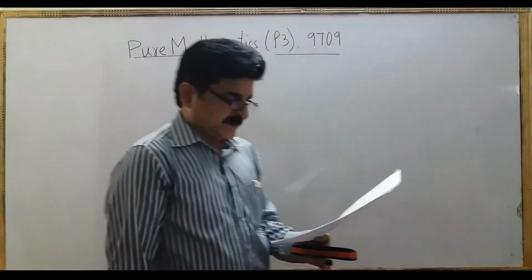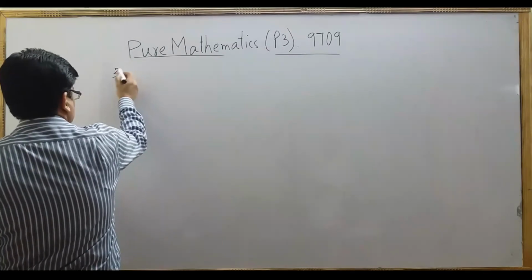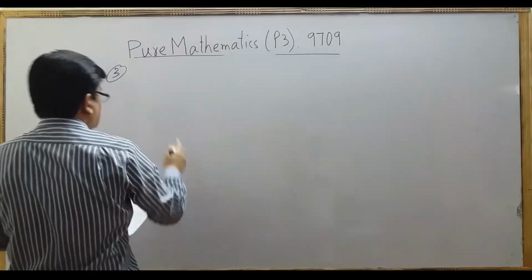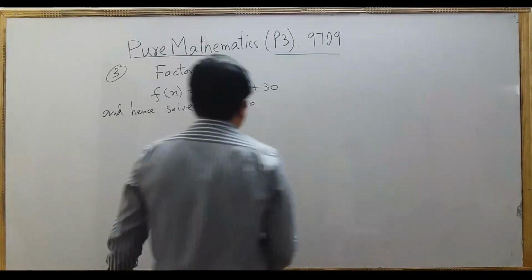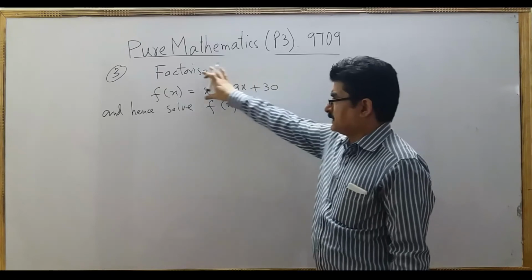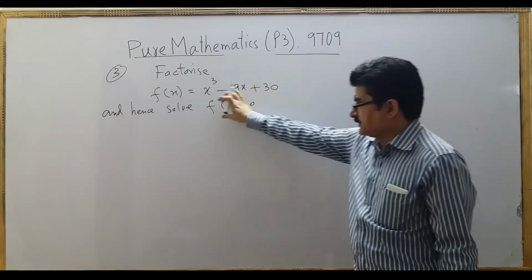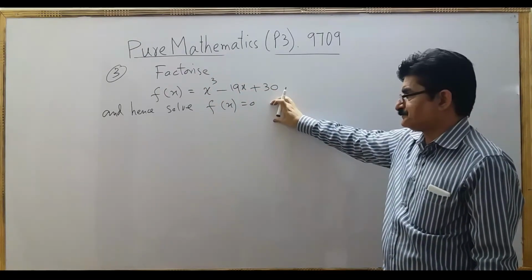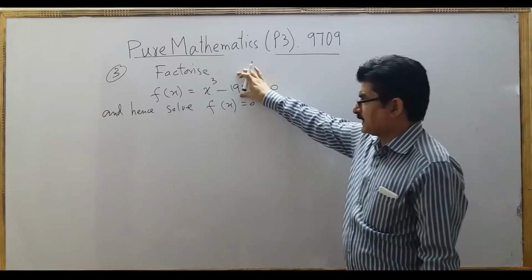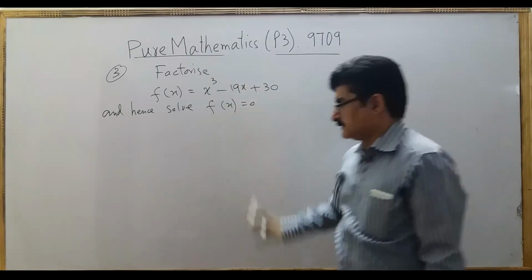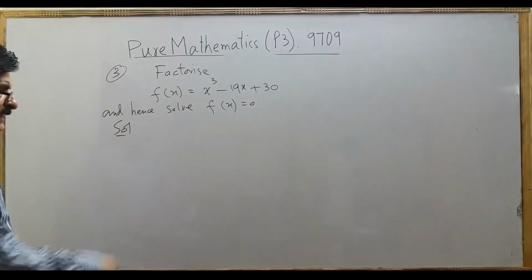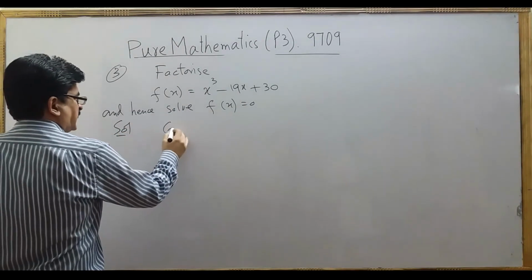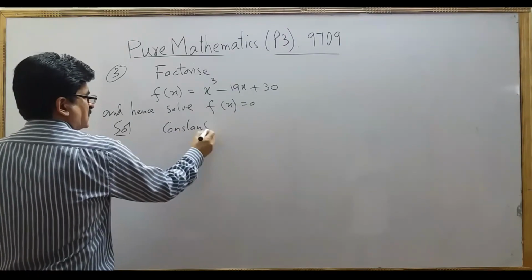Now we have example 3. Factorize and then solve f(x) equal to 0. Again, keep in mind that this is a polynomial, and this is a polynomial equation. So we have to factorize first, then solve. Now again, I am repeating the same process.